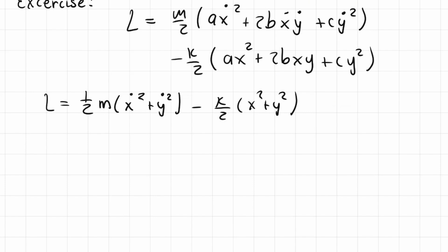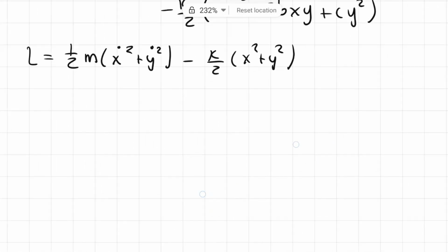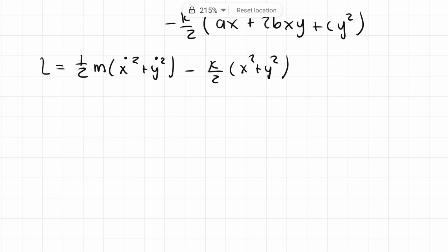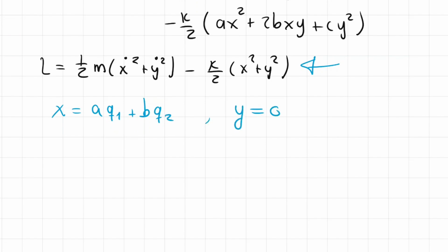Okay, so I found that a trivial transformation that we can make to get from this Lagrangian to the other one is to establish, for example, that x is equal to some constant a times q1 plus some constant b times q2, and then establish that y is equal to 0.